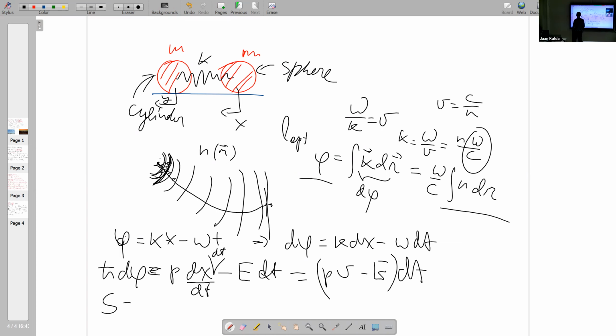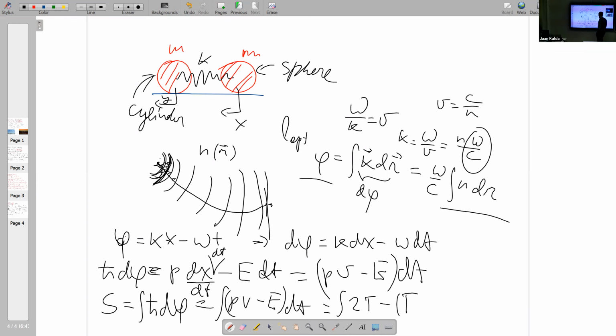Action S is the integral of h bar d phi on the one hand, and on the other hand, it is now the integral of pv minus e dt. But pv can be written as kinetic energy times 2. And so this thing over here becomes 2 times kinetic energy minus potential plus kinetic.